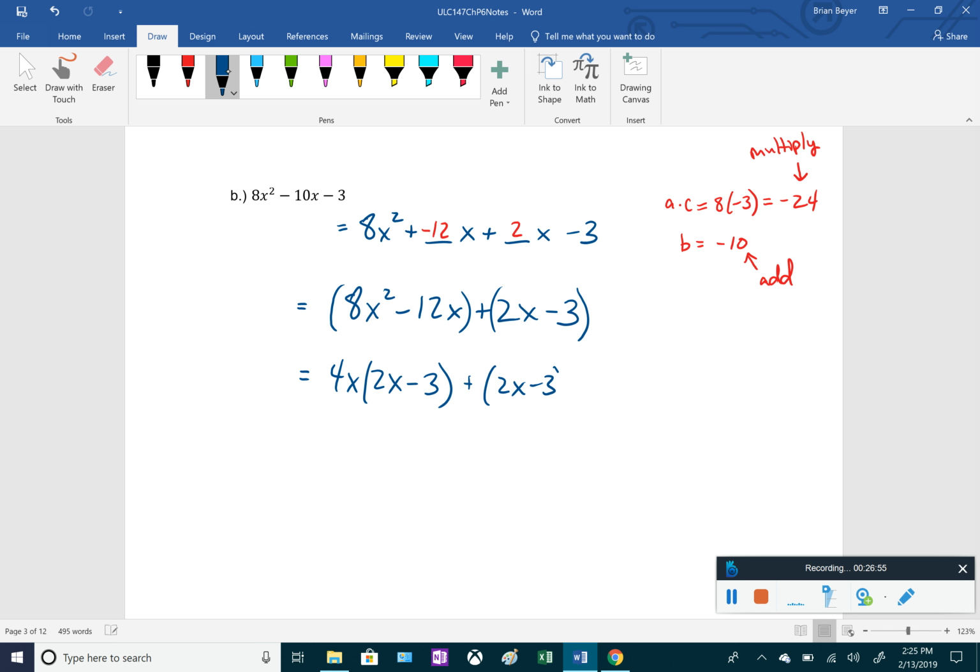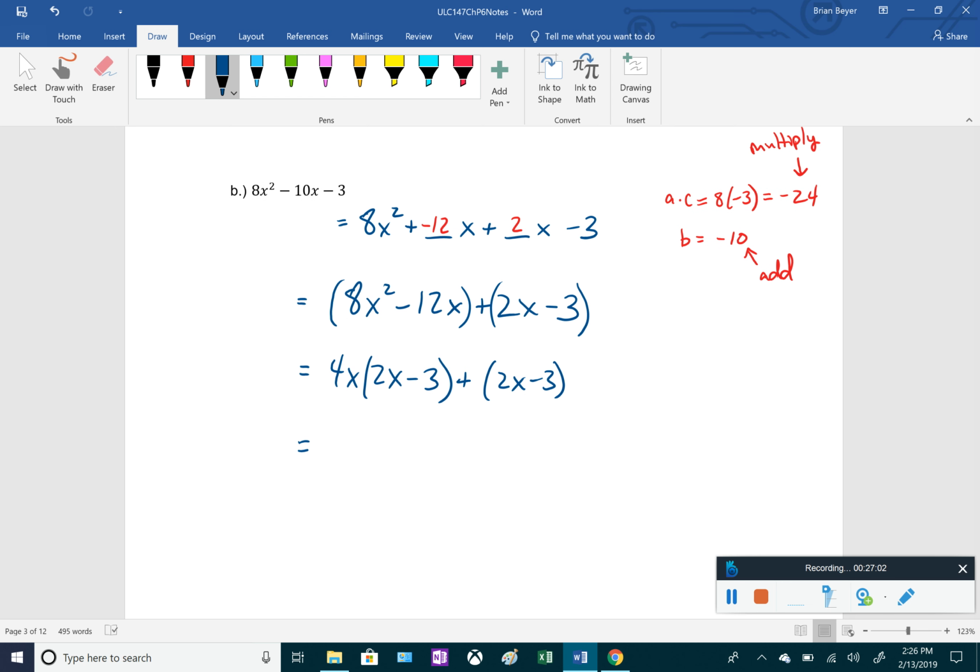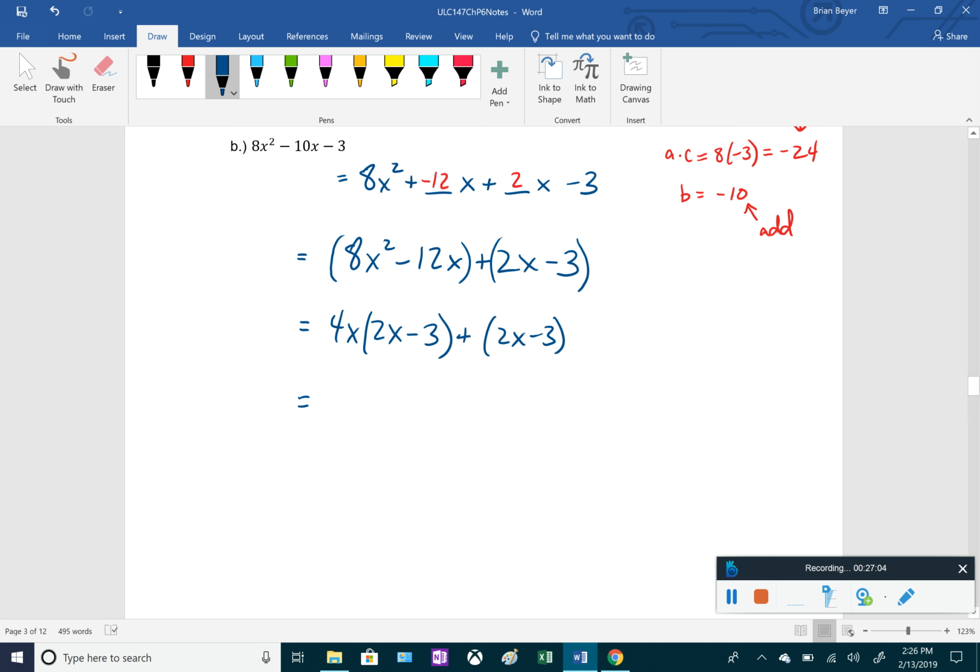We just have 2x minus 3, which is okay because now they're both 2x minus 3. So we factor out that GCF binomial of 2x minus 3, and we're going to be left with 4x plus 1. There's always a coefficient of 1 if it's not written, so 4x plus 1. Okay, so that hopefully is not too bad for that one either.